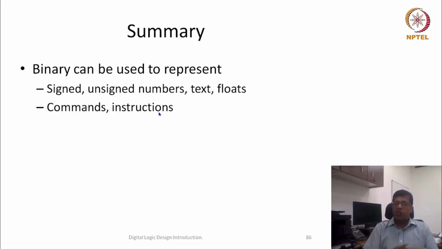And the hardware takes care that if you are representing that number as an integer, it should always be considered as an integer, unless you typecast it. When you typecast it, you are asking hardware to not consider this number as an integer, but, let's say, consider it as a float, a character, or an array of characters.